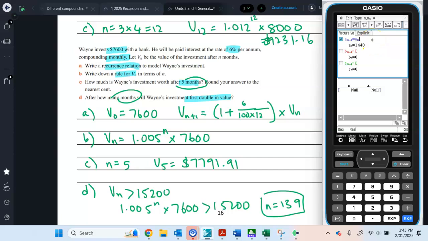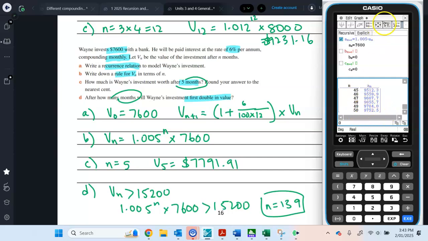So my recurrence relation is 1.005 times An, and my initial value was 7,600. So if I went and did it here, so we want it to be doubled. All right, I'm not going to get high enough.